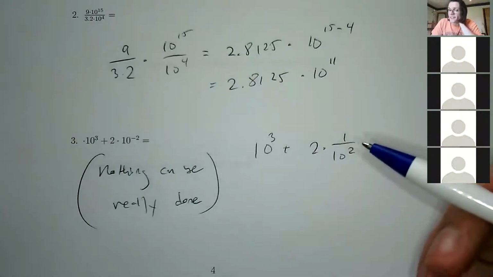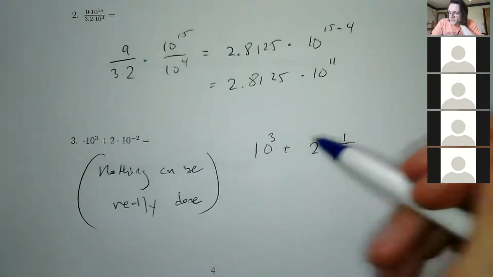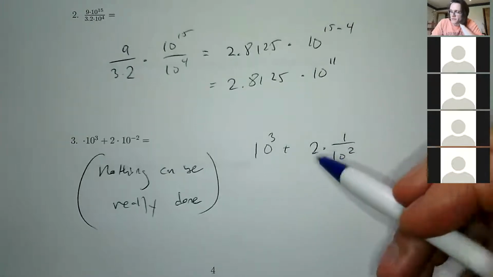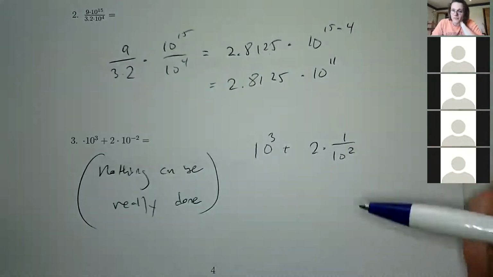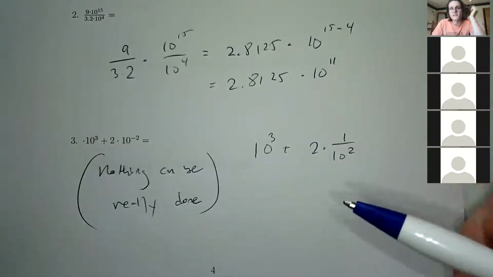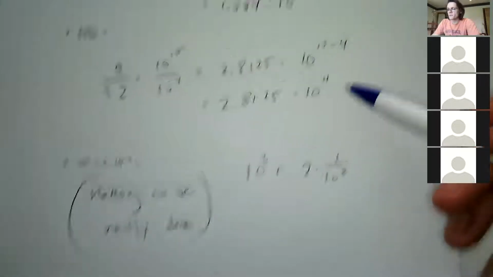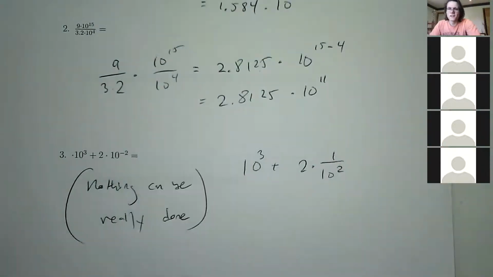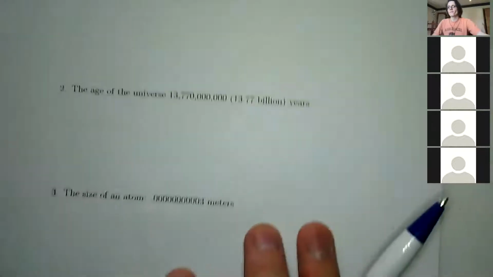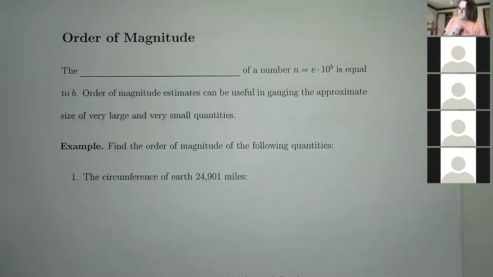You could try to get a common denominator, but what's the point? So as I was saying, there's really nothing you can do to simplify this to make it look nice. So multiplying, dividing, you're good. You can look at the order really nicely. You can look at what the power of 10 will be really quick, but when you add and subtract, nothing happens.